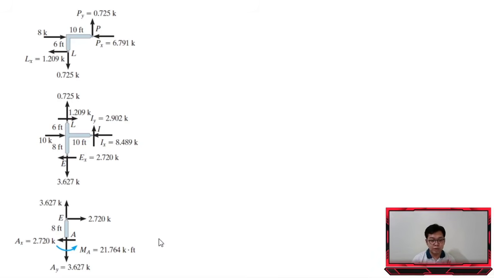I hope na na-compare ninyo kung ano yung, medyo mahirap talaga yung cantilever guys, compared sa portal. Kasi sa portal method, napakadali lang ng assumption. 2V sa gitna, yung V lang yung sa outer columns, di ba? Sa interior, twice lang yung shear. Now, dito kasi sa cantilever method, mahirap kunin yung axial force. Again, axial tayo dito sa cantilever, shear sa portal.